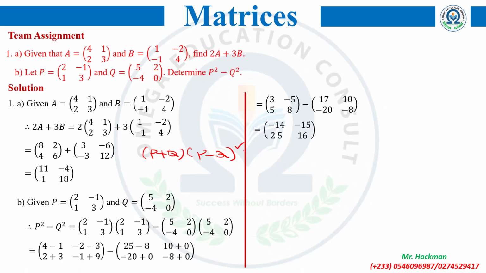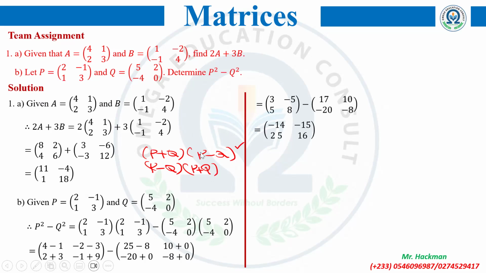However, somebody can also write P minus Q times P plus Q. Take note. Because matrix multiplication is not commutative, these two can be written in these two ways.